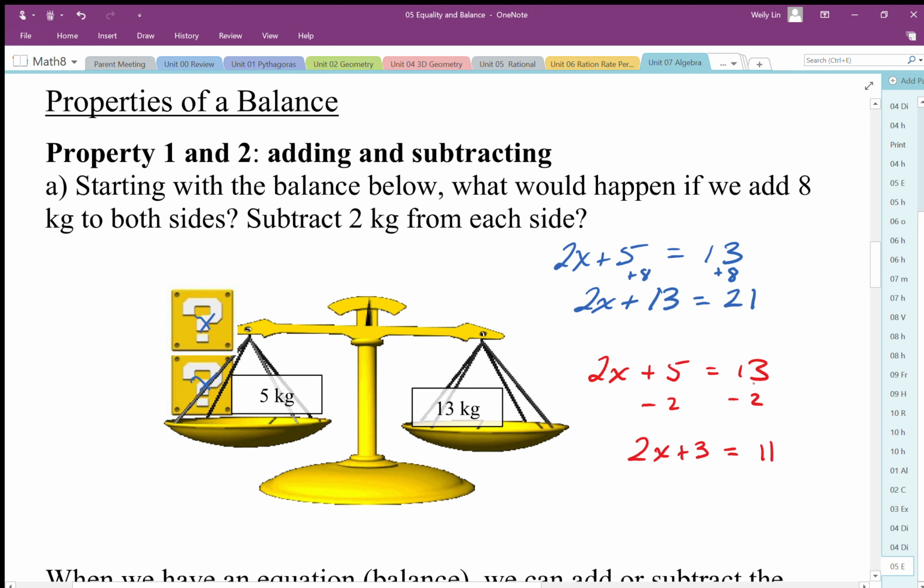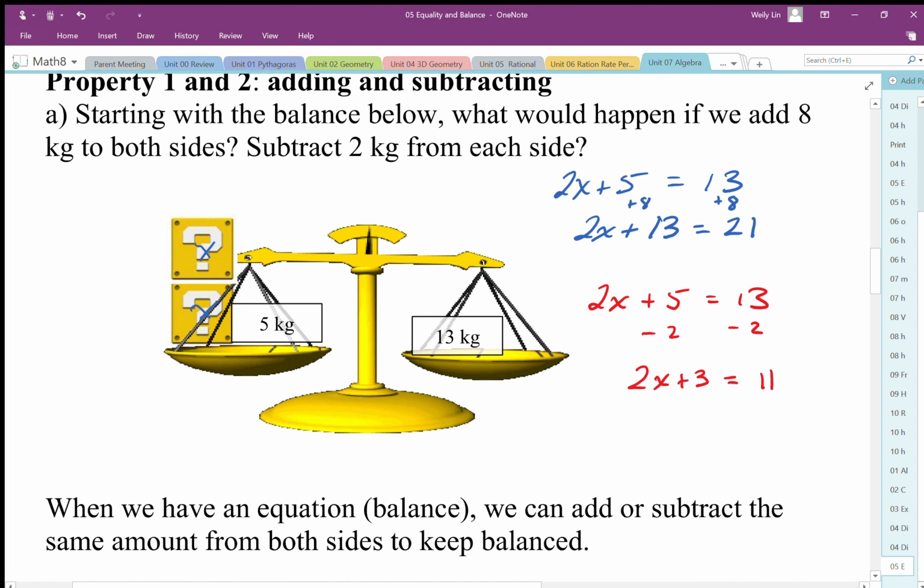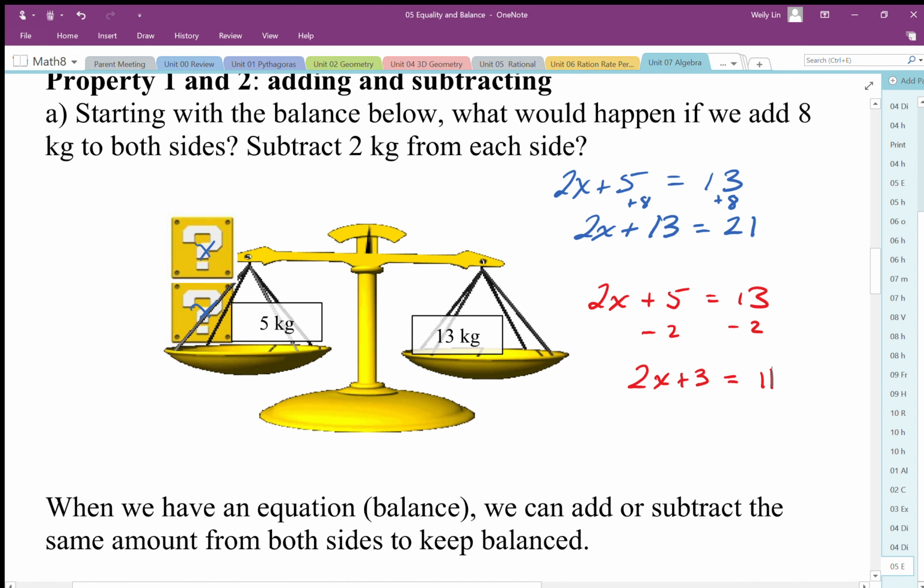Again, notice I'm working vertically, and as long as I take off the same amount from both sides, if it starts off balanced, it ends up balanced. So properties 1 and 2 are about adding and subtracting. If we can add and subtract the same amount from both sides of the equation, we keep things in balance. And that's the key idea. Are we keeping things in balance?